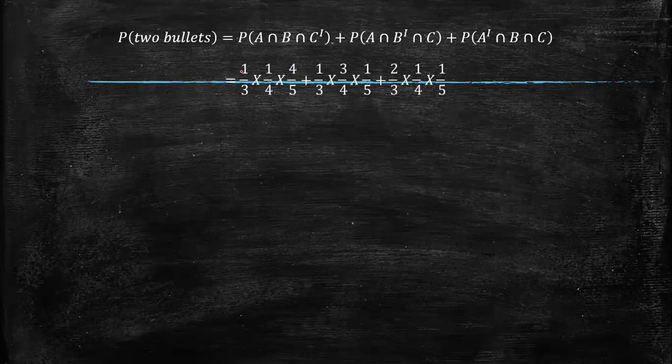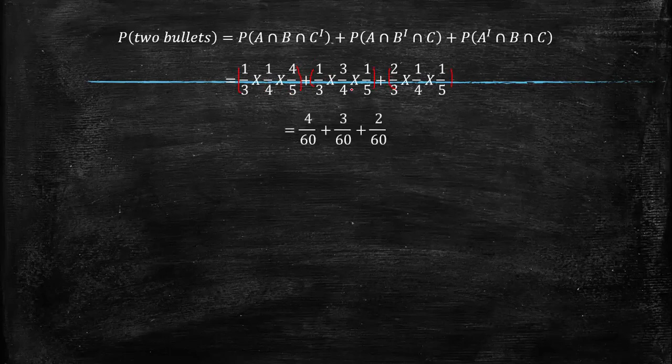So we go ahead to substitute. A was 1 out of 3, B was 1 out of 4, C was 4 out of 5. So after we have done our substitutions, I said it's better for us to have some brackets there. Then we do our multiplication. So the first one will be 4 out of 60. The second is 3 out of 60, and the third is 2 out of 60.